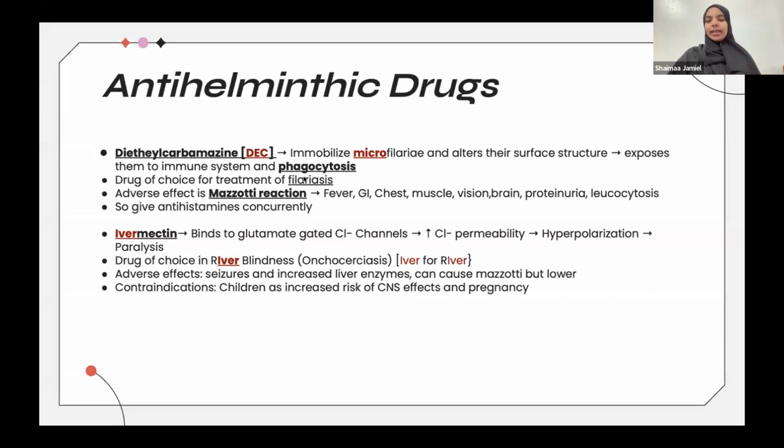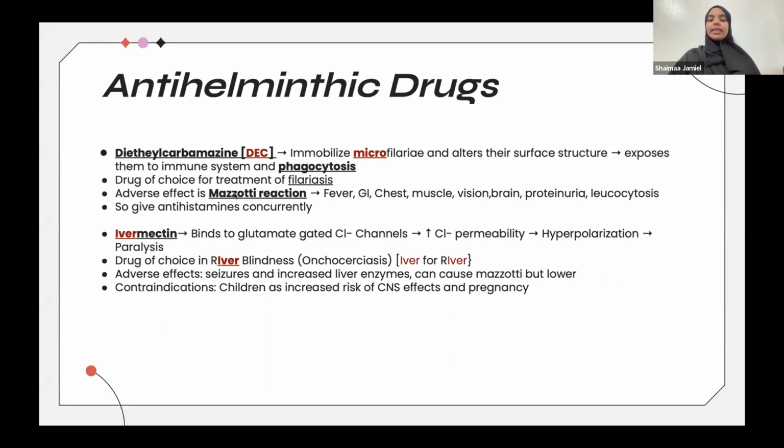And we didn't really take the filariasis worms in micro. So yeah, that's why I only put filariasis, but it's Wuchereria or something like that. A very, very, very important side effect of diethylcarbamazine is Mazzotti reactions, okay?